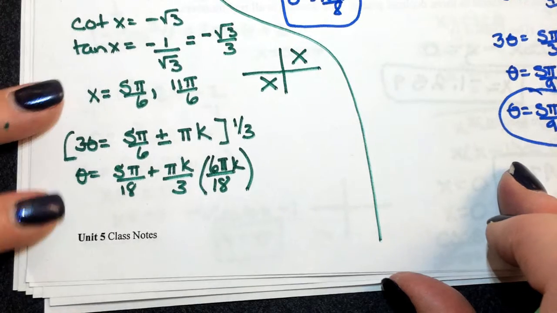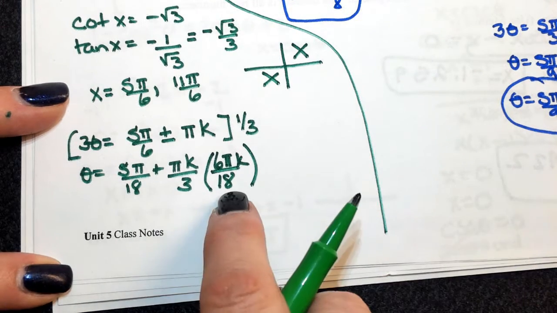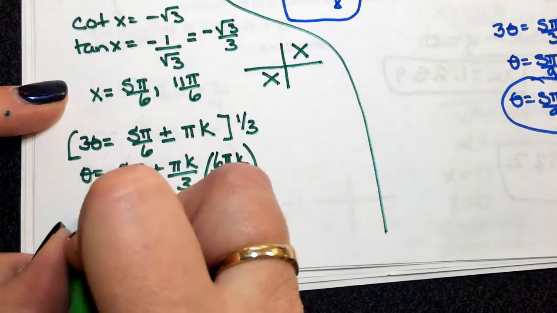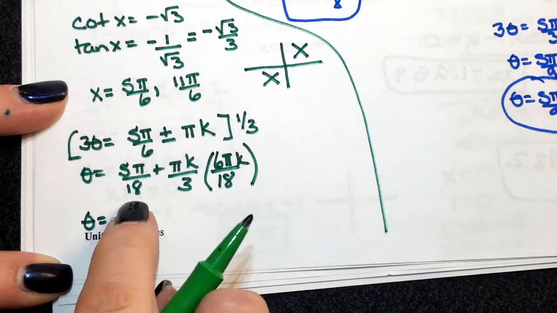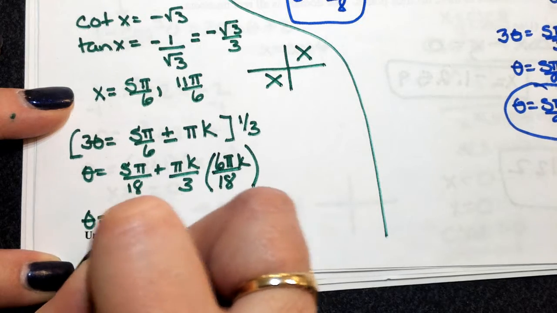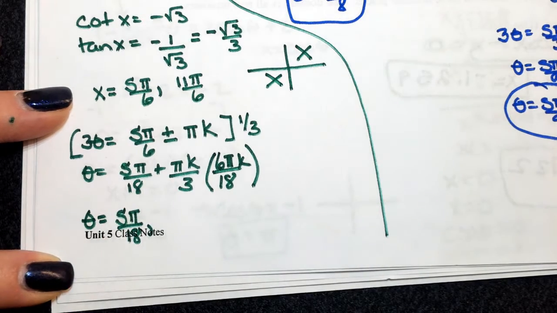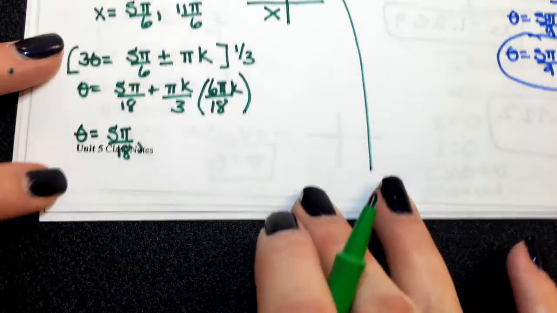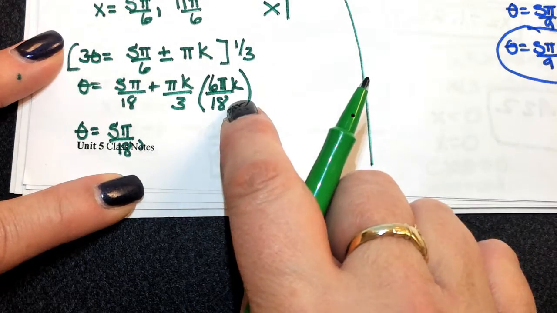So now you can start generating your list. Start with 0. So when k is equal to 0, 5 pi over 18 plus 0 is just going to give you 5 pi over 18. Now plug in a 1 for k.